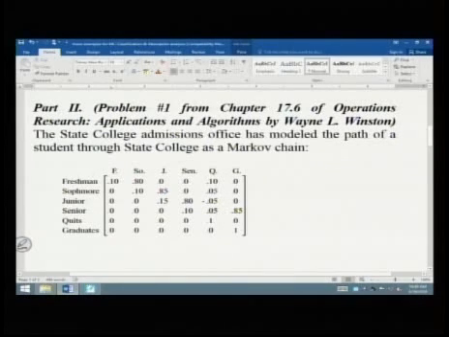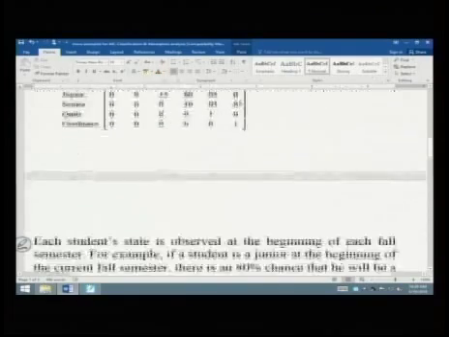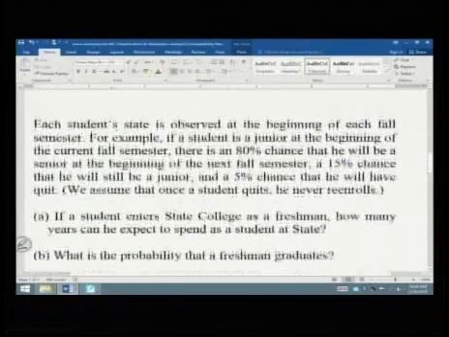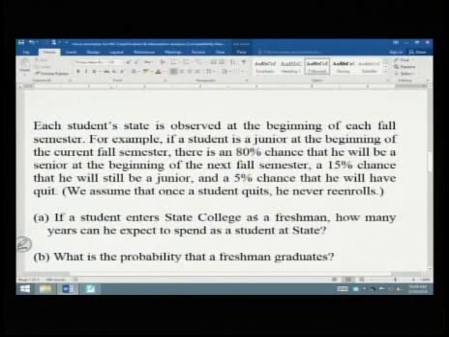Okay, so why don't you take some time to read through the problem description and try to answer these questions.